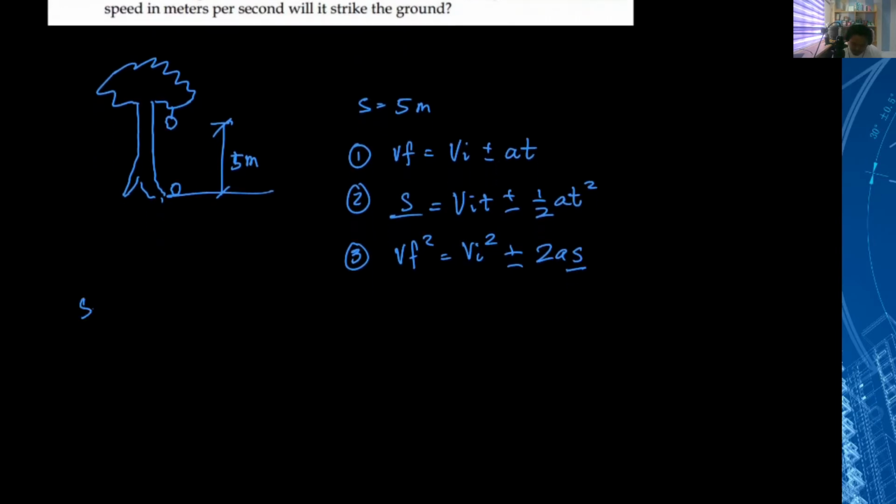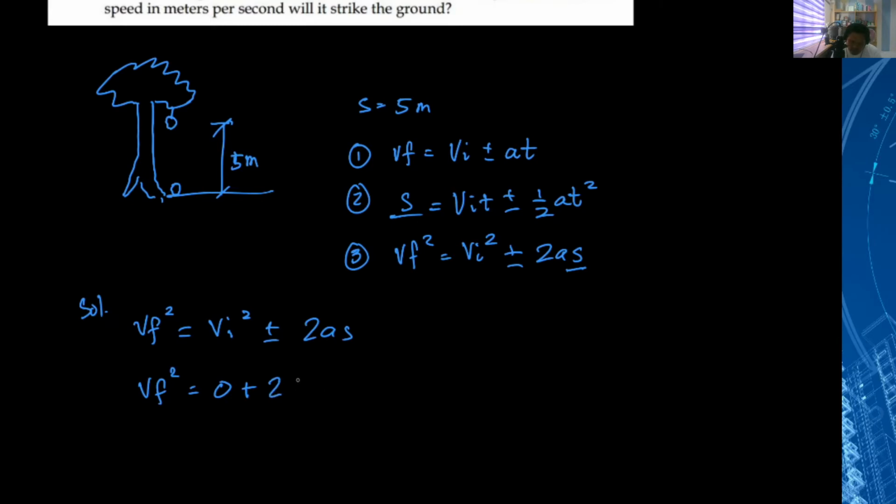So, solution, this is the formula to use, Vf squared equals Vi squared plus 2AS. Because this is free fall, the initial velocity is 0. We use plus because the gravity is constantly increasing as the mango falls from the tree. What is A?